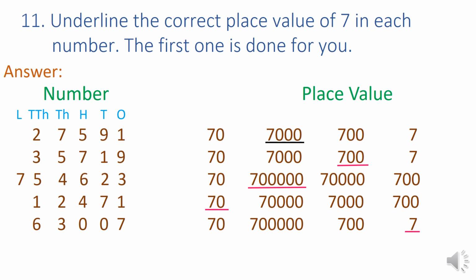In this number, 7 is in the ones place. So the place value of 7 in 63,007 is 7. We got all our answers. Now we are going to the next question.